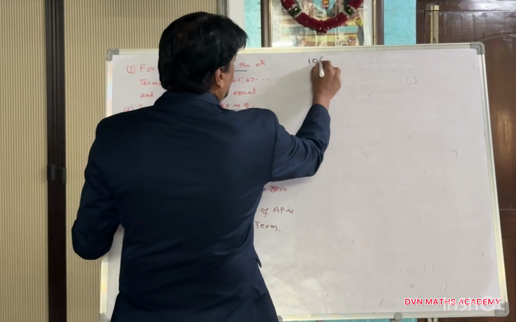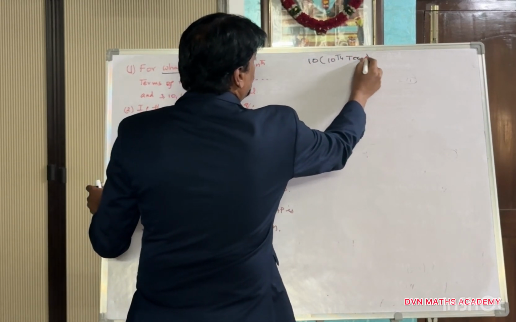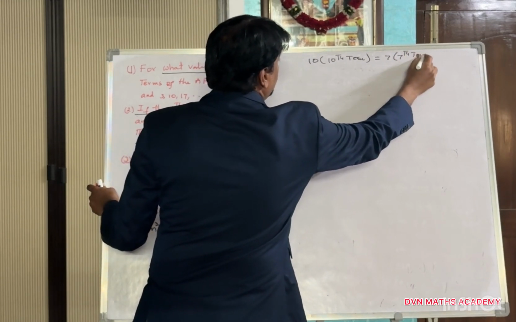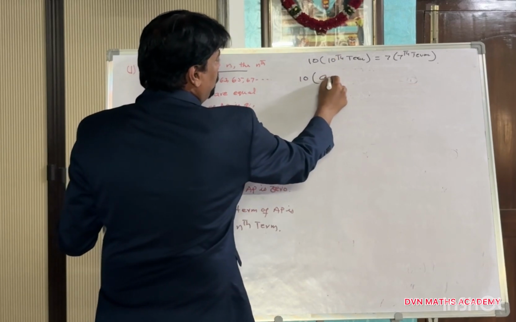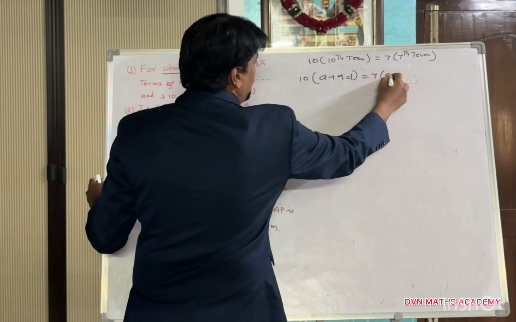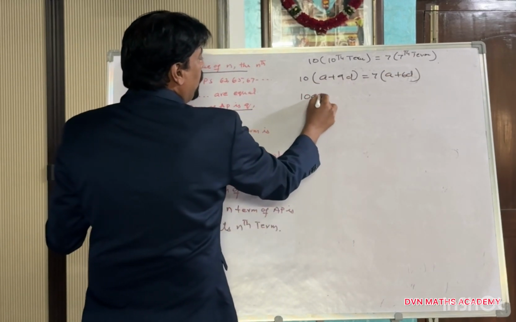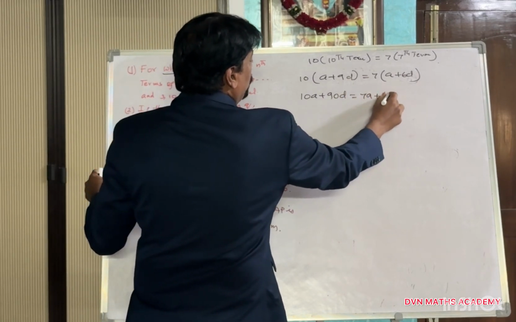10 times the 10th term is equal to 7 times the 7th term. This is the given information. So 10 times the 10th term means 10 into A plus 9D is equal to 7 times the 7th term, which is 7 into A plus 6D. So 10A plus 90D is equal to 7A plus 42D.